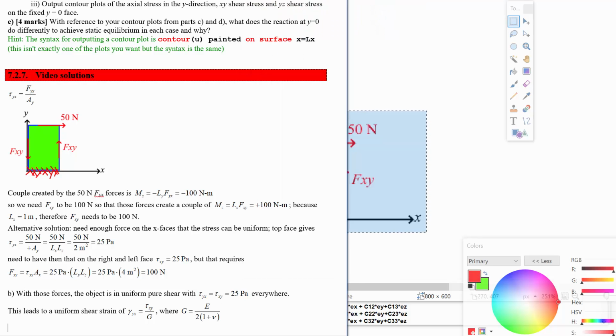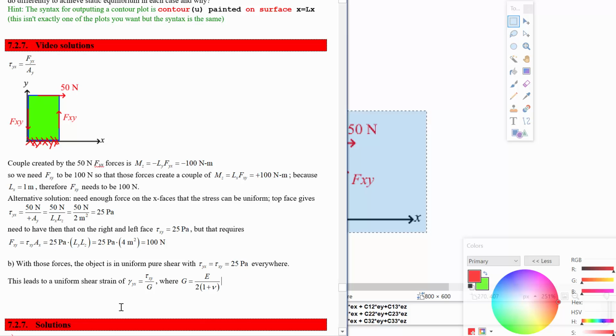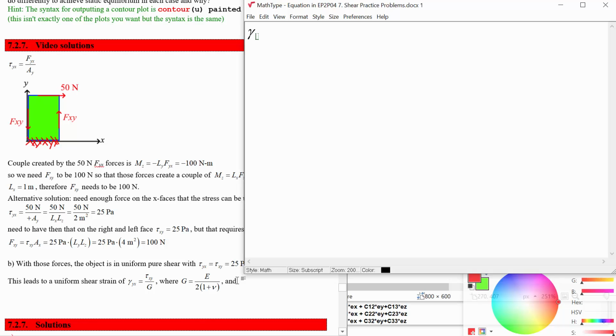Right. So then once we've got the shear strain, so shear strain is this by shear stress over shear modulus, and gamma yx is equal to del U by del y plus del V by del x.